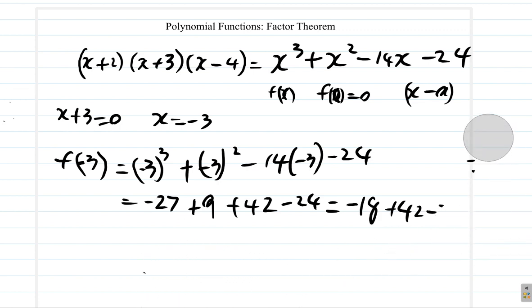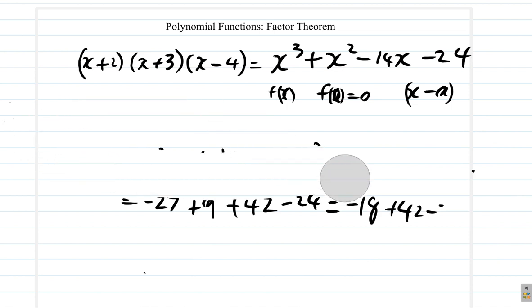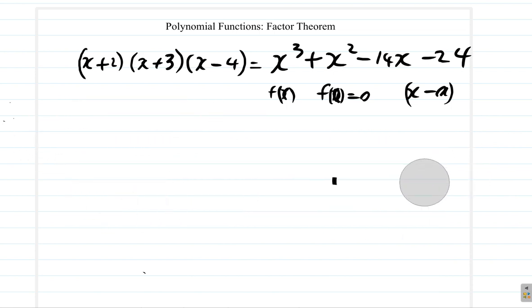Let's look at the third one there, x minus 4. We can see that x minus 4 is a factor. Now, if we say x minus 4 equals 0, then x is equal to 4.